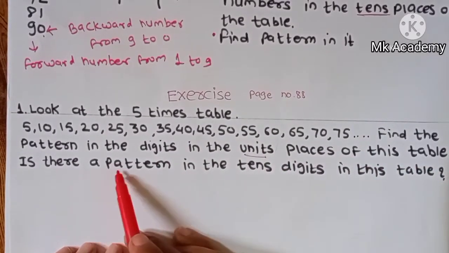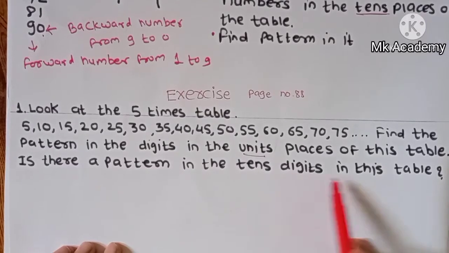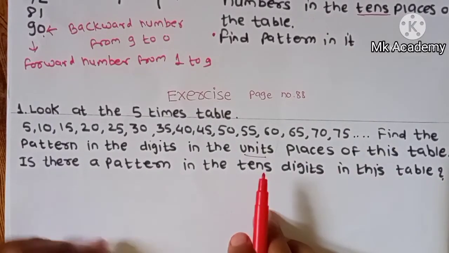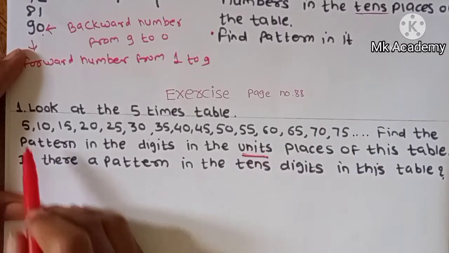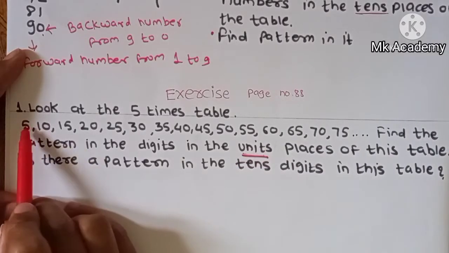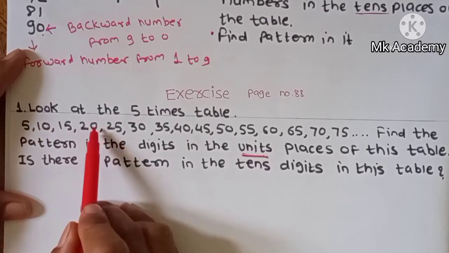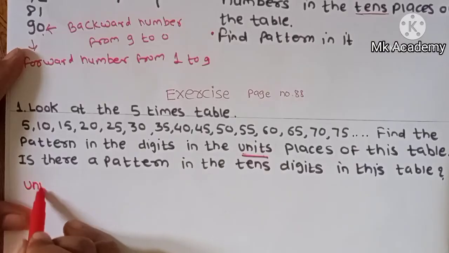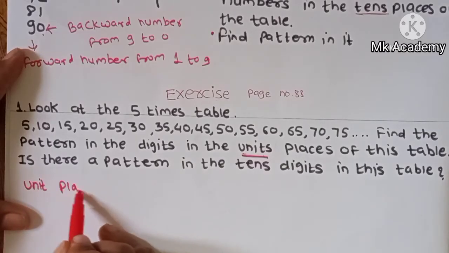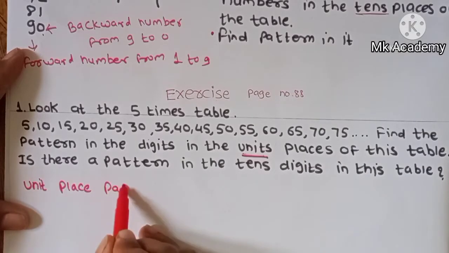Is there a pattern in the tens digit in this table? First we have to find the pattern in the unit place. Now see at the unit place: 5, 0, 5, 0, 5, 0. First write down here, unit place pattern.